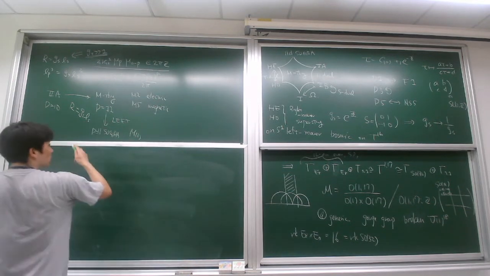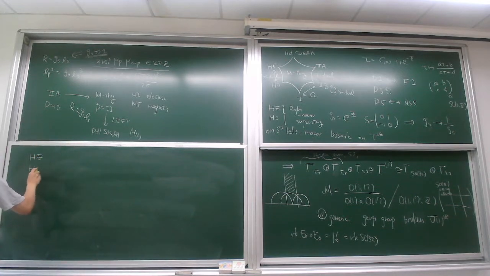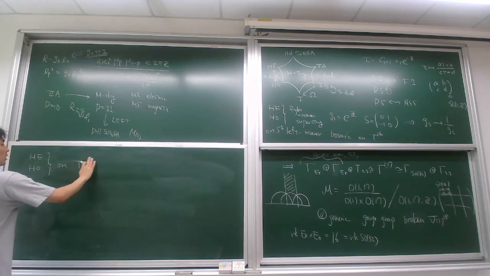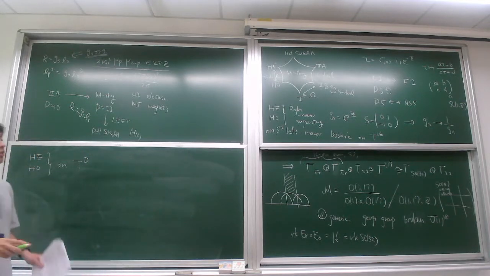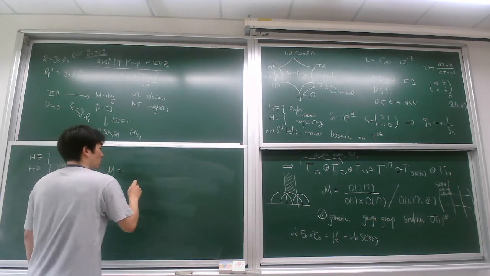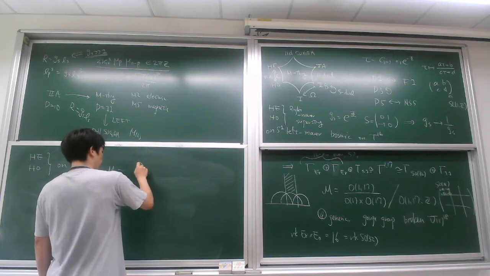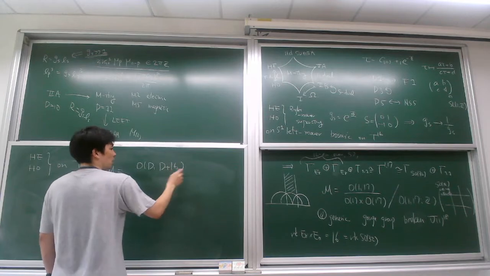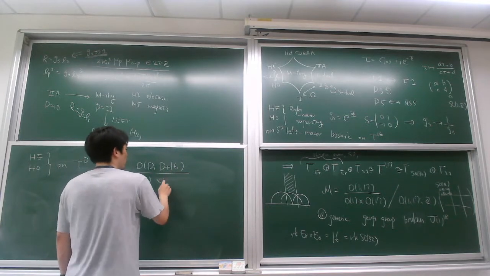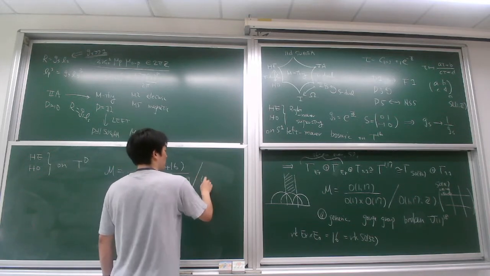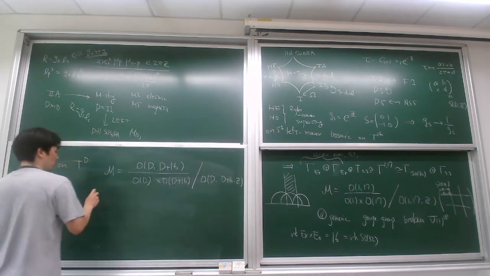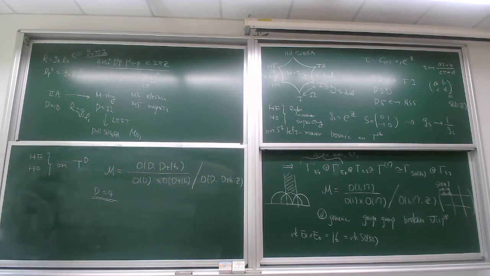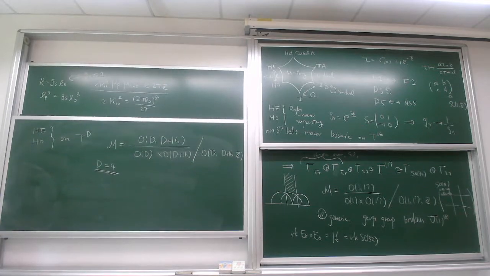Oh yes, so once you compactify the heterotic string on a D-dimensional torus, the moduli space further becomes SO(D, D+16) and then O(D) times O(D+16) divided by O. It's a huge moduli space. And the D equal to 4 case will show up later, so just keep that in mind.